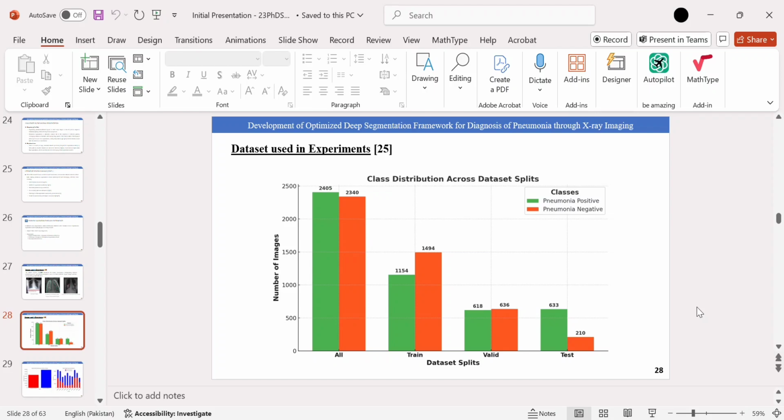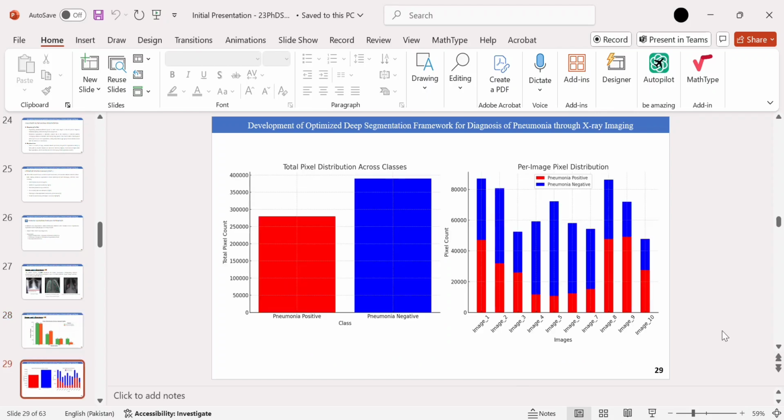This is the class-wise distribution of the dataset: out of 4,745 total images, 2,405 are pneumonia positive samples and 2,340 are pneumonia negative samples. This dataset is split into a training set, validation set and testing set. The training set is almost 56%, the validation set almost 26%, and the testing set almost 18%.